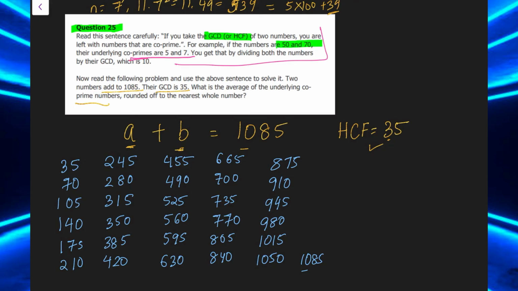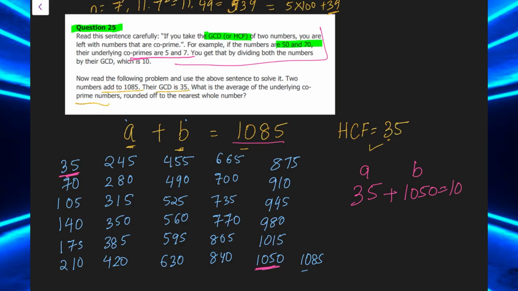All right, so these are all the multiples of 35, and our A and B have to come from this list of numbers. This was a funny question, because if I choose 35, how much more do I need? If this is A, how much more do I need to make 1085? I need 1050, and that is actually on our list.